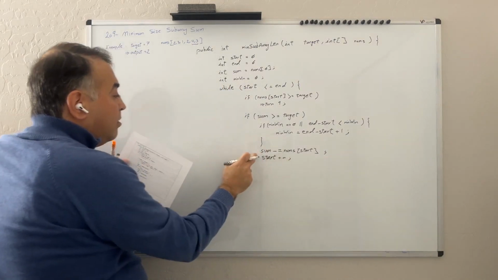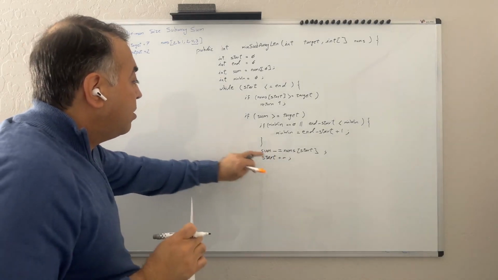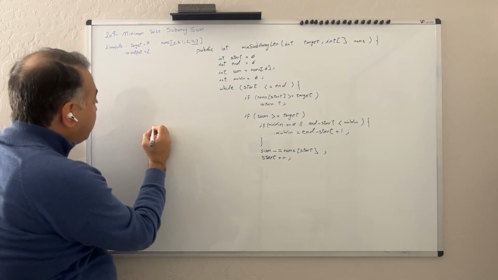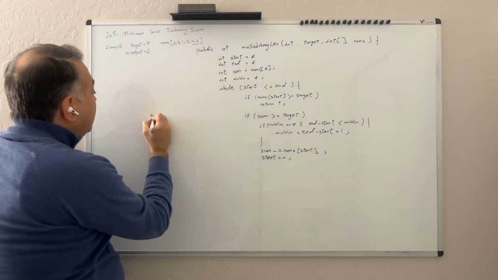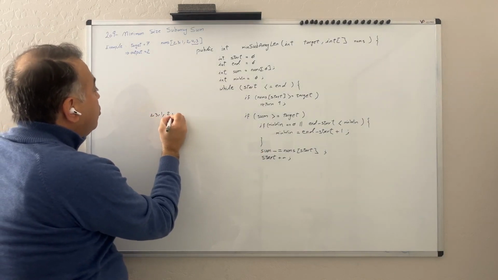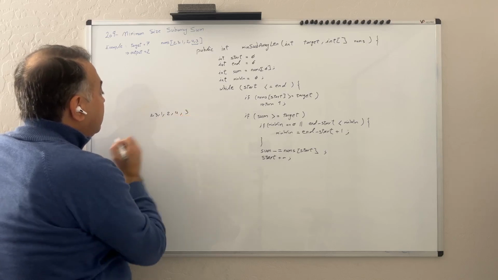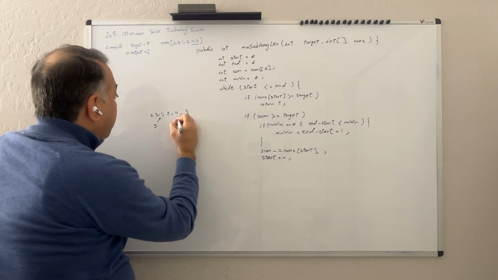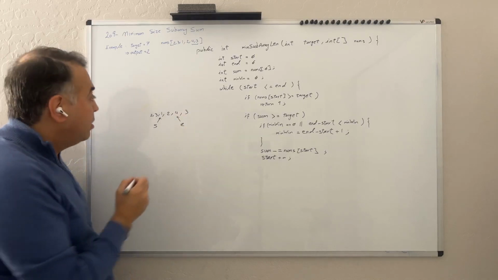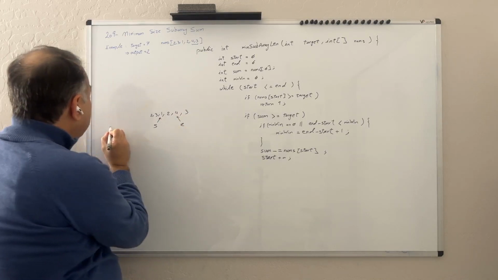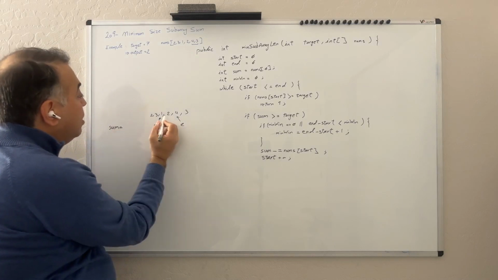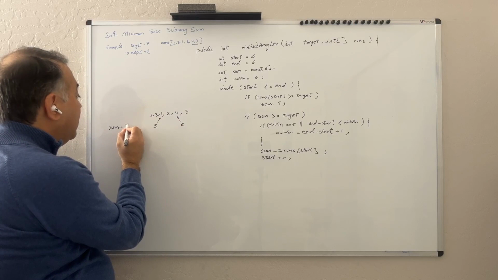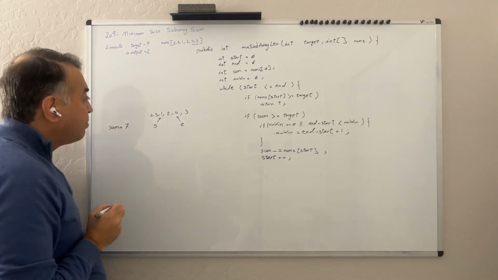Why am I reducing the value of the sum for the start first? For example, think that we have this array 2, 3, 1, 2, 4, 3. A start pointer here, end pointer here, and the sum is 1 plus 2 plus 4. The sum is 7.